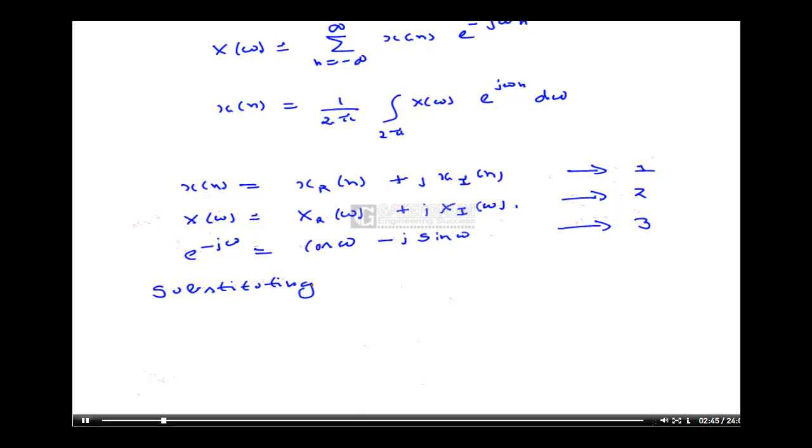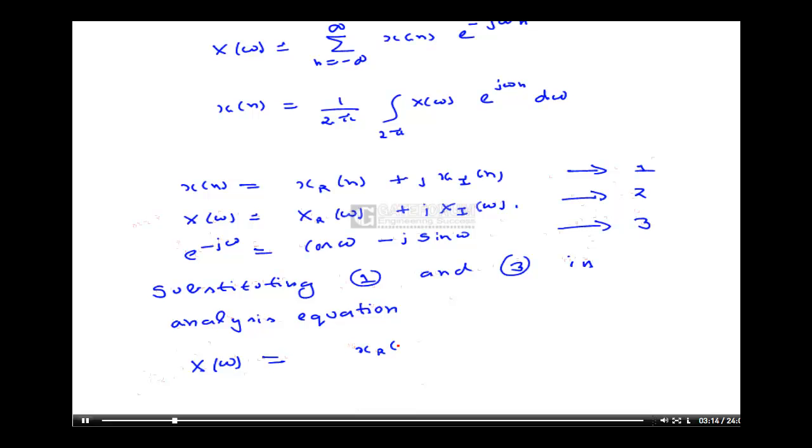Substituting 1 and 3 in the analysis equation, we get X(omega) is equal to the summation of x_r[n] plus j x_i[n], whole multiplied by cos omega n minus j sin omega n.